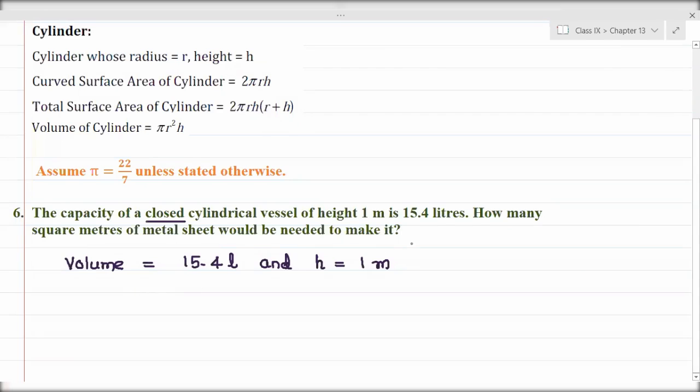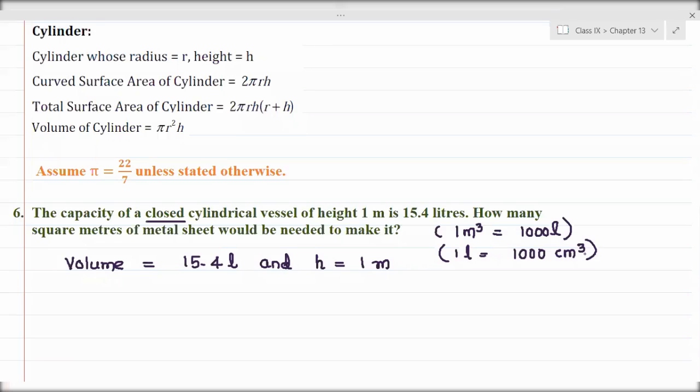Now see, you know that 1 meter cube is always equal to 1000 liter. That is a relation. Okay, remember, and 1 liter is equal to 1000 centimeter cube. So please remember these two relations: 1 liter is equal to 1000 centimeter cube, while 1 meter cube is equal to 1000 liter.